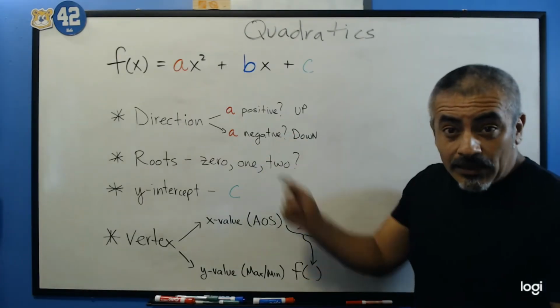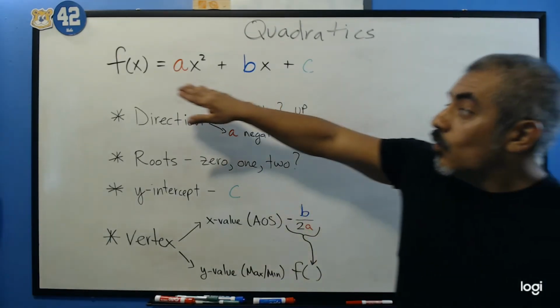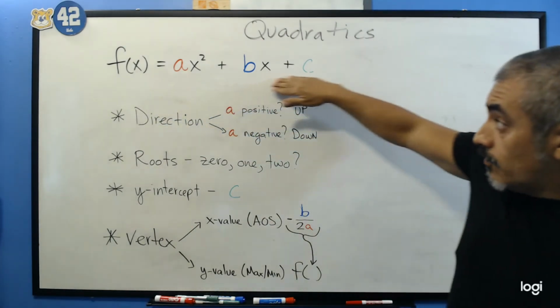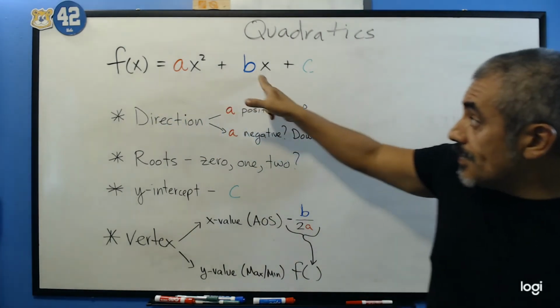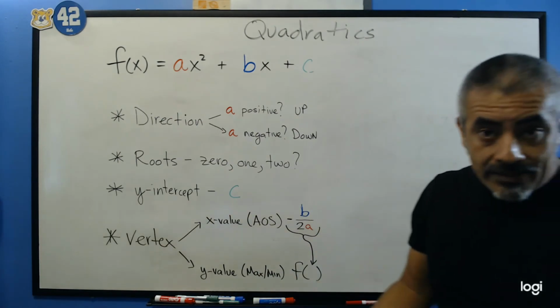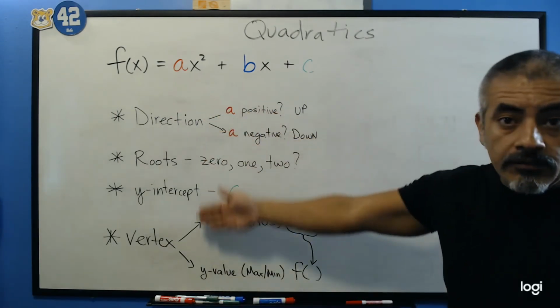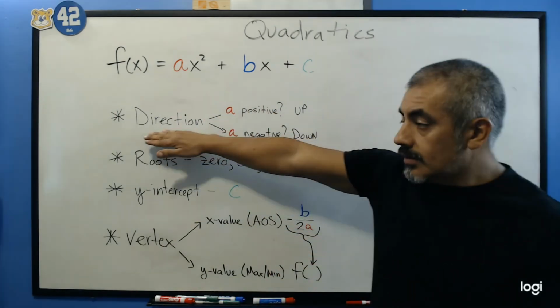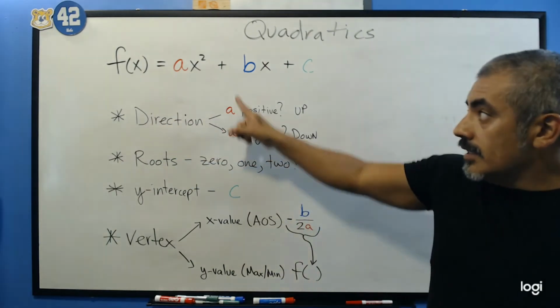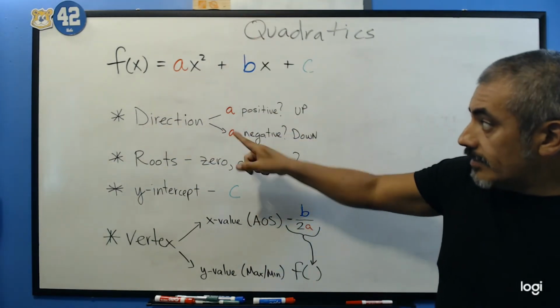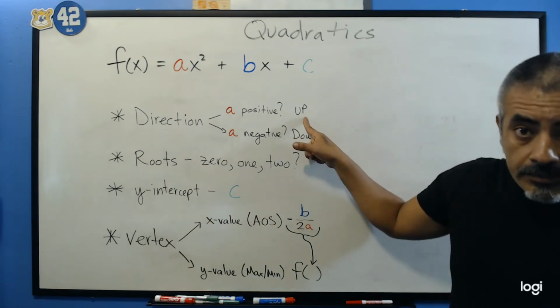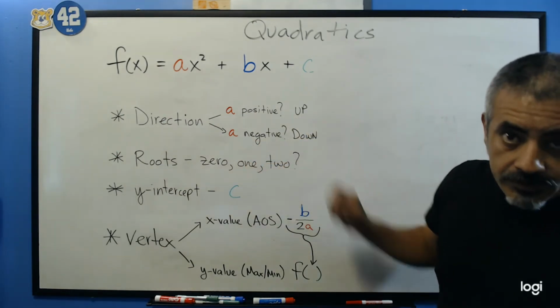So just to recap everything we just went over, when given a quadratic in standard form, ax squared plus bx plus c, and you are asked to graph it, we need to find 4 things. Number 1, the direction. Is it going up or is it facing down? If a is positive, it's facing up. If a is negative, it is facing down.